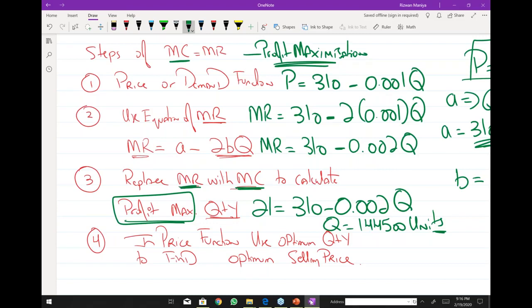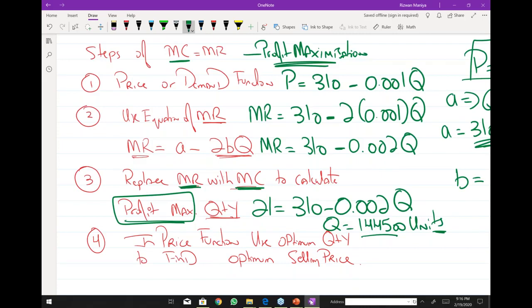So if the revenue of one more unit equals the cost of one more unit, that is the profit maximizing point. At this point, the optimum quantity is 144,500 units. If you sell 144,500 units, you will be maximizing your profit.